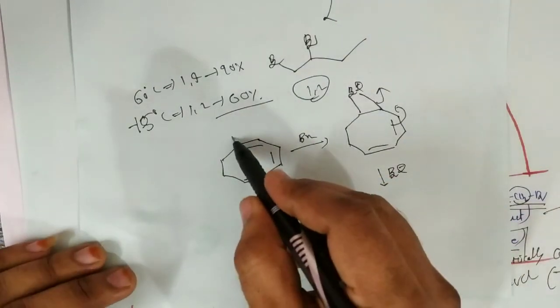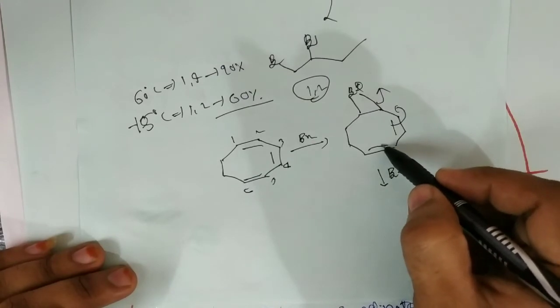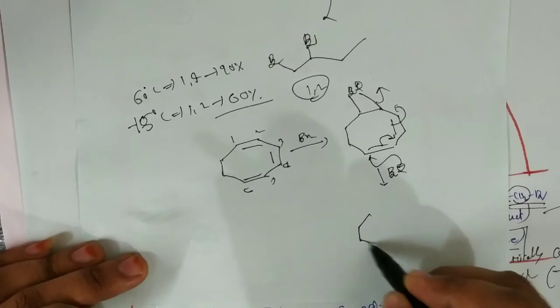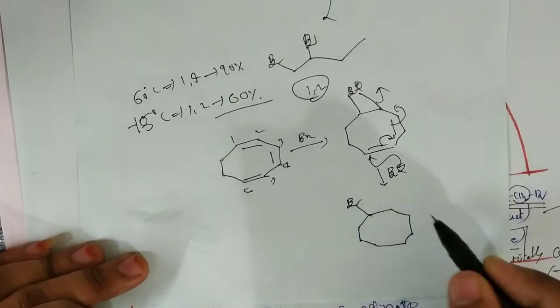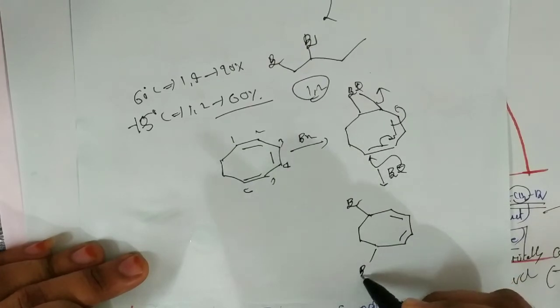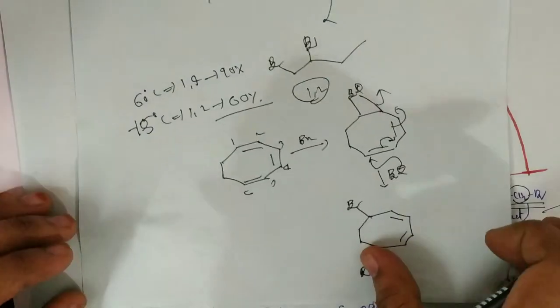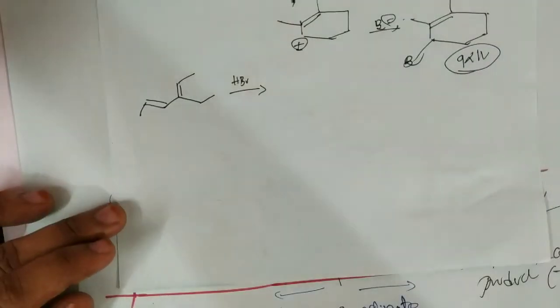Why? Because here 1, 2, 3, 4, 5, 6, and then immediately the pi electrons transfer to this one, so Br minus attacks on this one. So for this cyclic triene, the 1,6 product is formed as the major. This pi bond, and this is Br. That's it. That is the conjugate addition of dienes.